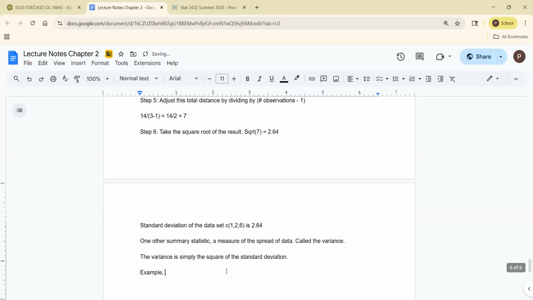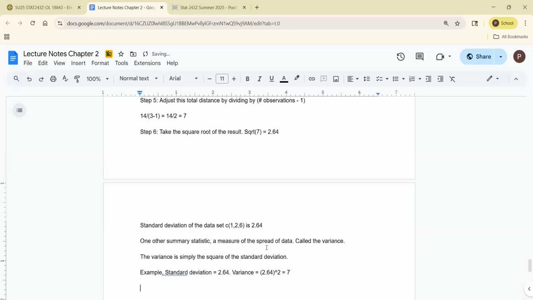So in our example, the standard deviation was 2.64. The variance is 2.64 squared, which is 7. And the variance is simply another measure of the spread of the data.